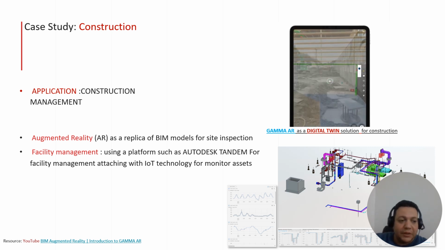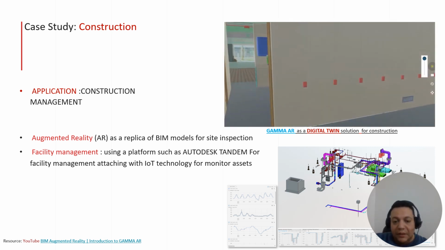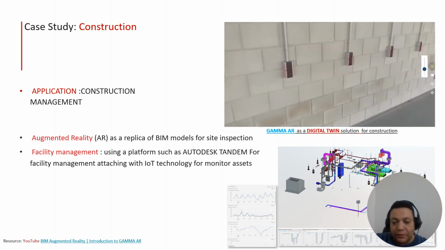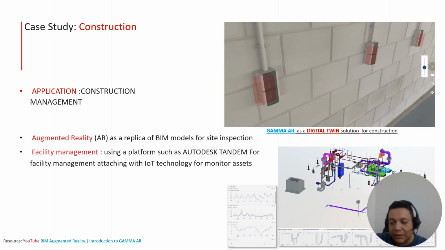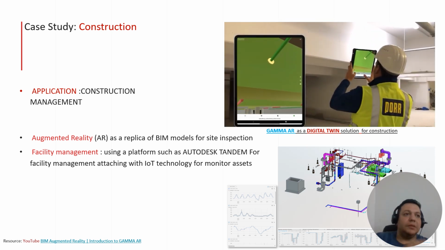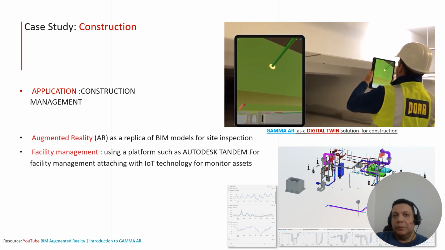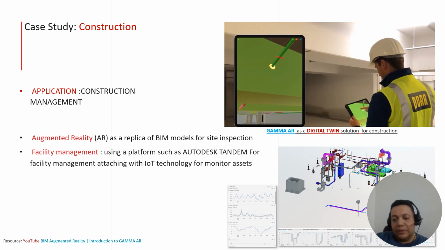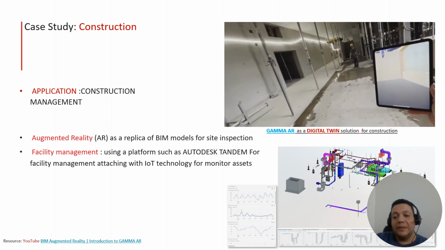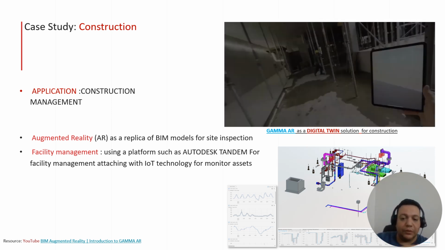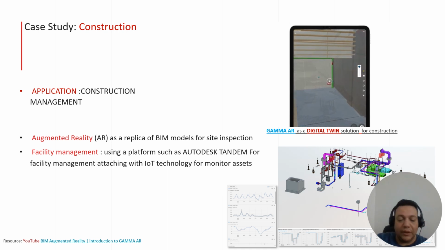Augmented reality is mostly a replica of BIM models for site inspection, for example. And you can see it's not purely a digital twin, but it's the lens of the digital twin, the lens where we can see our model, geometry and information on site.